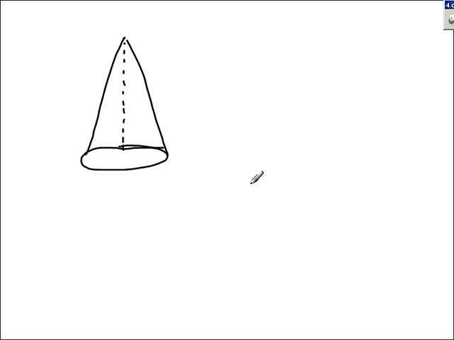That is, you have a right angle here. You can have a cone, say, that's lopsided. It's also a cone. It's not a right cone. Because if I go to the top and I come straight down, I don't hit the dead center of the base. Here, I hit the center of the base.